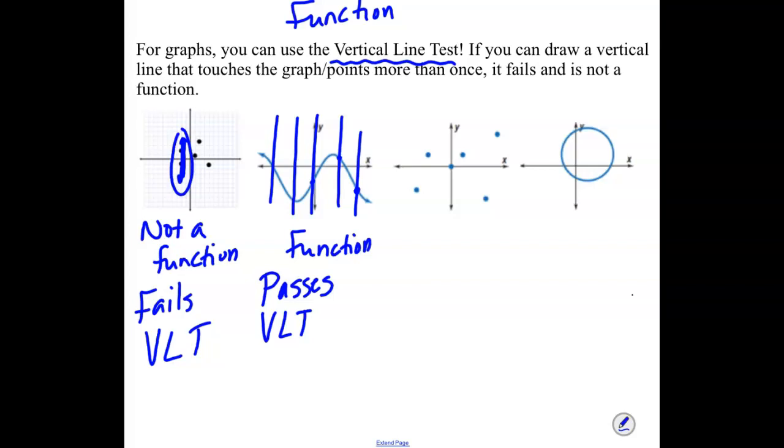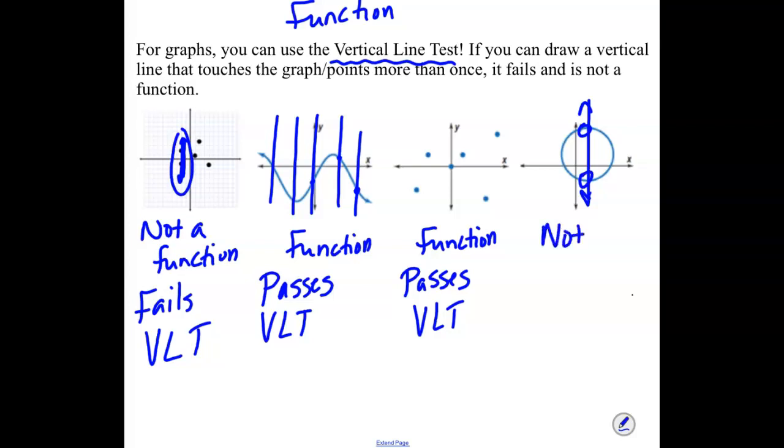None of them line up vertically. So we would say this is a function, and it passes our vertical line test. Our last example here, if we drop a vertical line through, notice that it hits in two spots on the same vertical line. This would not be a function. And again, our reason would be fails vertical line test.